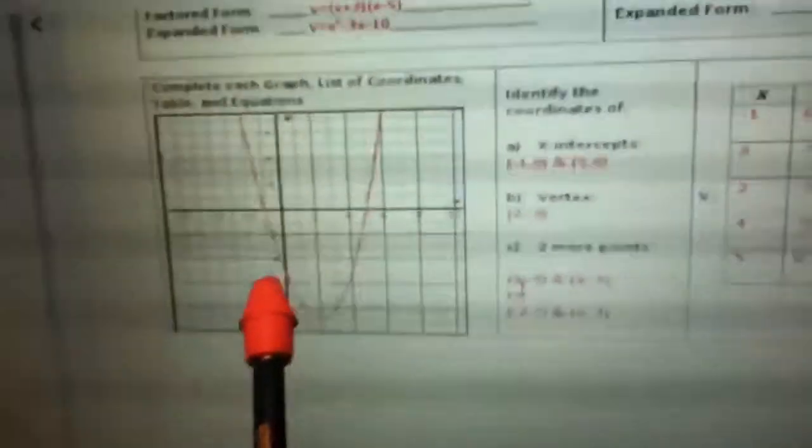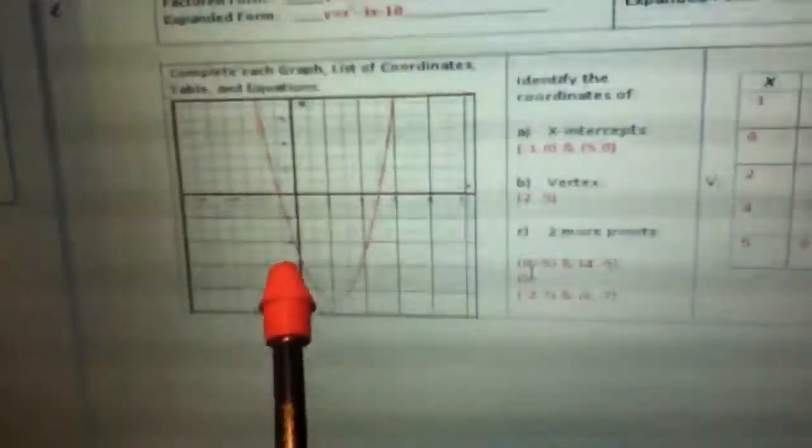Which hits right here, which is on the line. So my apologies. The 2 other points are actually 0, negative 5, right? Because it's x and then y. So that is quadratics 8. I mean, my apologies. Quadratics 5, 6, and 7 explained and written out. Goodbye.